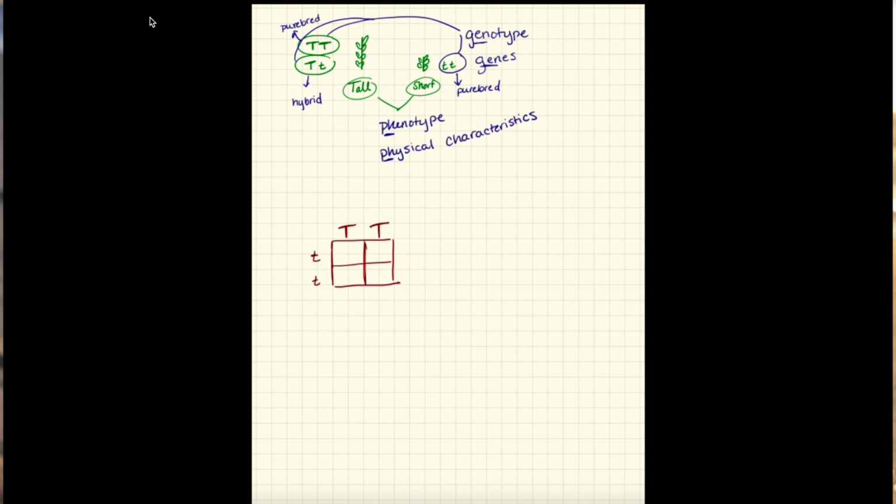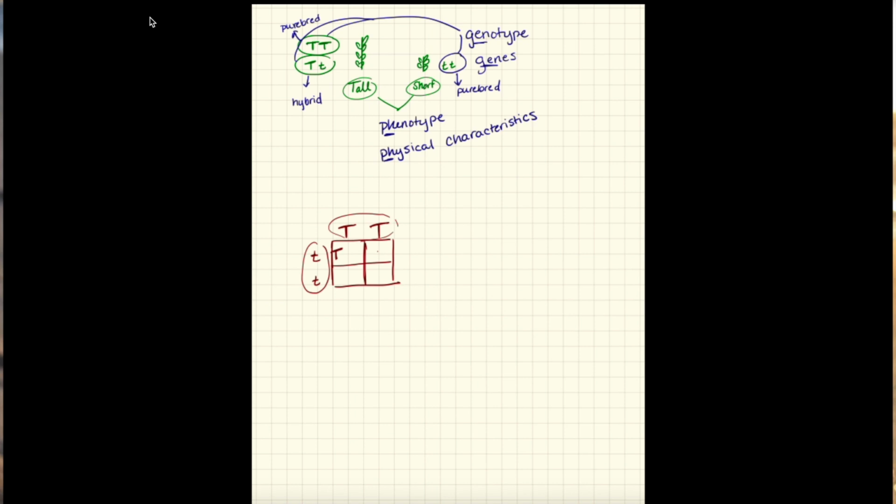So you notice one parent goes up here and the other parent goes down here. After that, it's kind of like a puzzle where you put it together, okay? So I'm going to put together the two that are touching this square to find out what 25%, because there are 4 squares, of their offspring would look like.